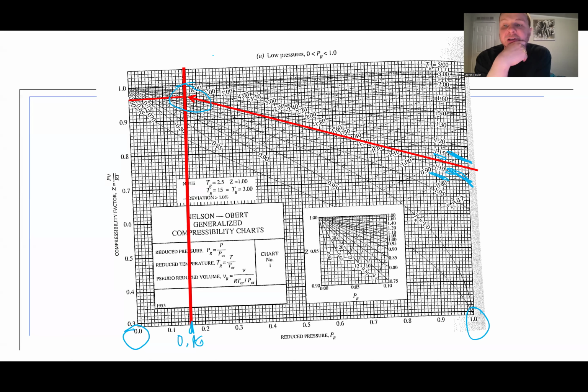What it's saying is everything's converging to approximately ideal at a very, very low pressure. Very close to the critical point temperature at 1.1, or especially if you go above the critical point temperature at a very low pressure, everything approaches a Z value of 1, which is an ideal gas. So you can see where those all kind of converge and intersect, and you could probably get 0.96 off of this diagram here, right?